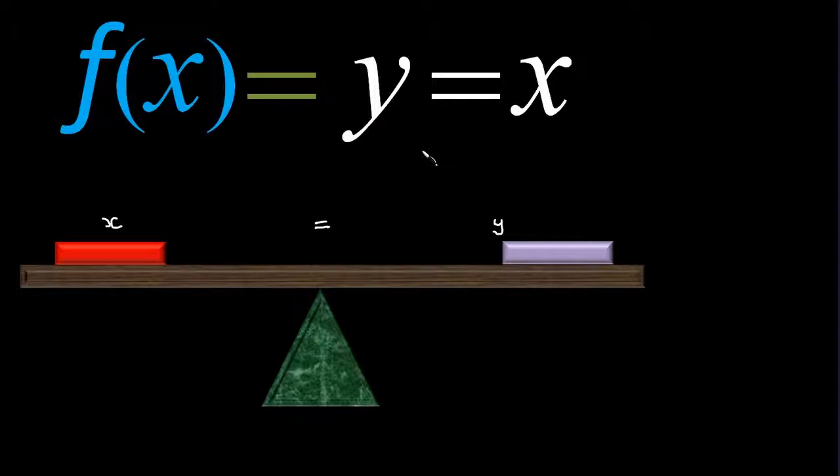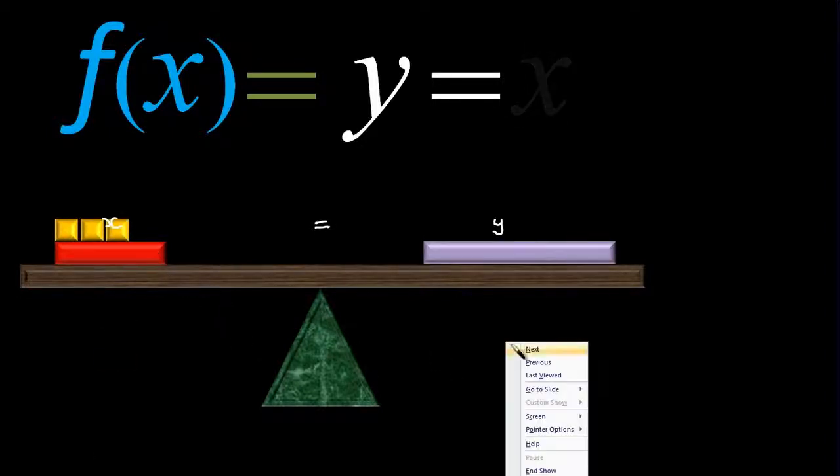Now what we're going to do is make our function a little bit more complicated simply by adding 3. So our function of x, which we call f of x, is going to be x plus 3. Let's just erase these.